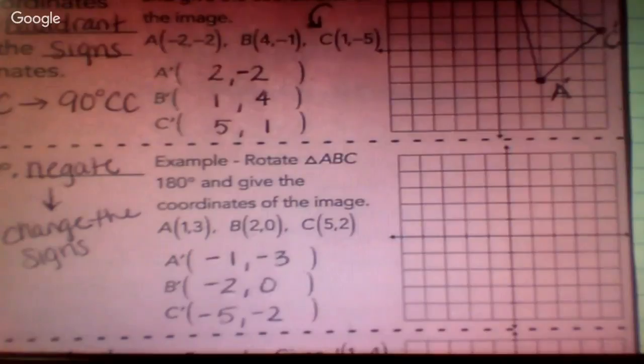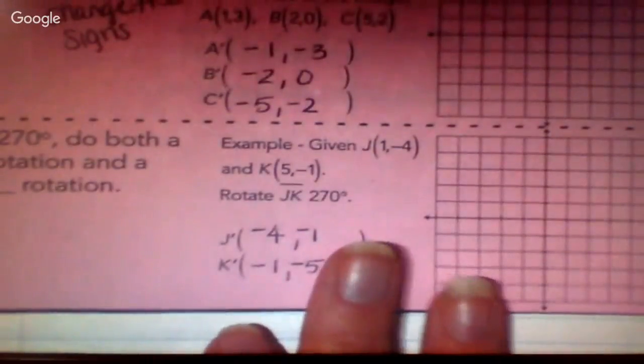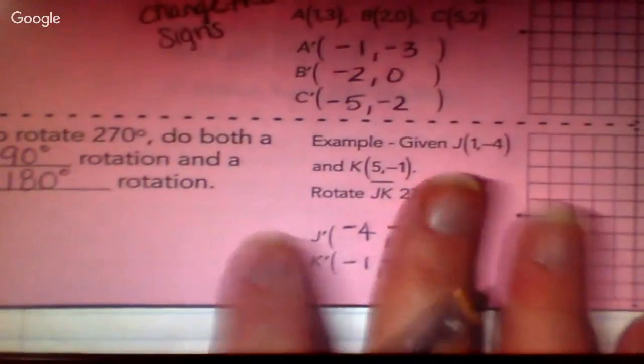You already got them graphed. I'm just kidding.